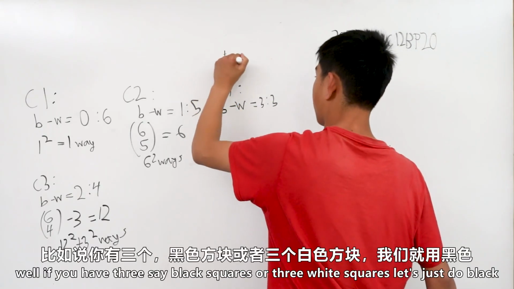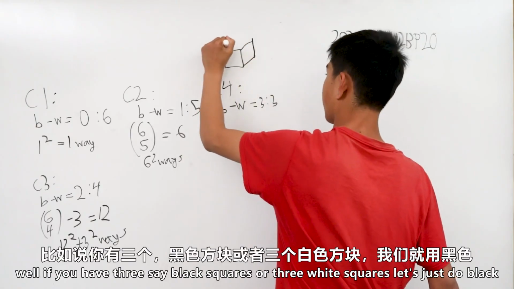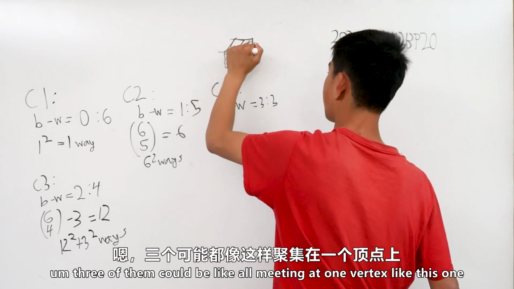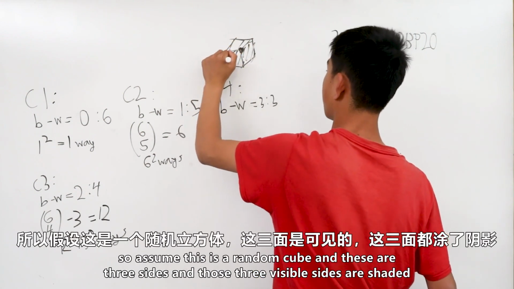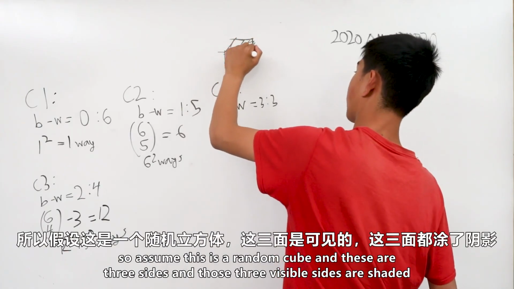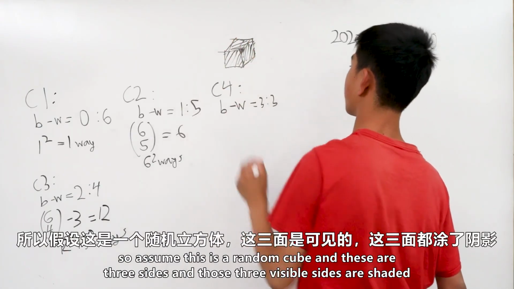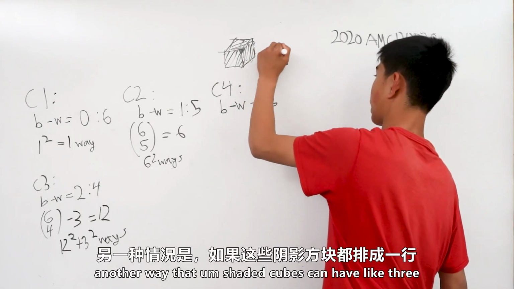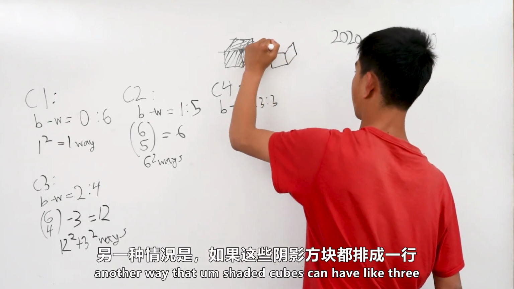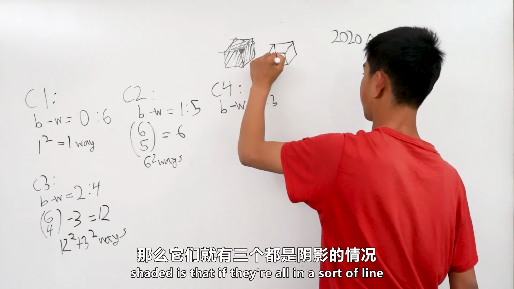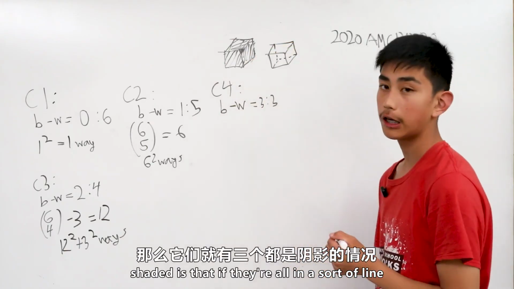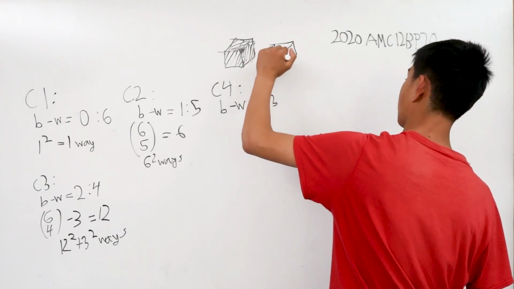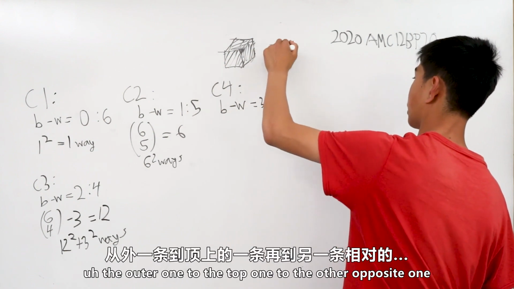Then there are also 2 ways for this to happen. One way is that, if you have 3, say, black squares or 3 white squares, let's just do black, 3 of them could all be meeting at one vertex, like this one. So assume this is a random cube, and these are 3 sides, and those 3 visible sides are shaded. That's one. Another way that shaded cubes can have 3 sides shaded is if they're all in a sort of line. Now it's a 3-dimensional line, so it's going to go from this outer one, to the top one, to the other opposite one.